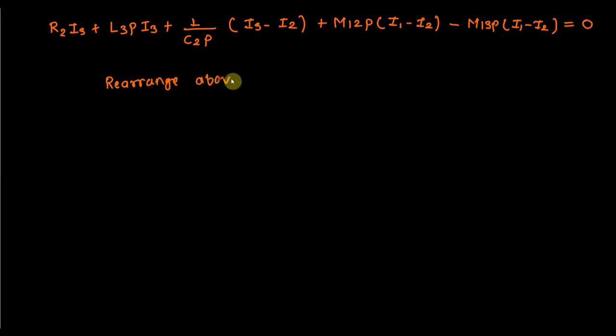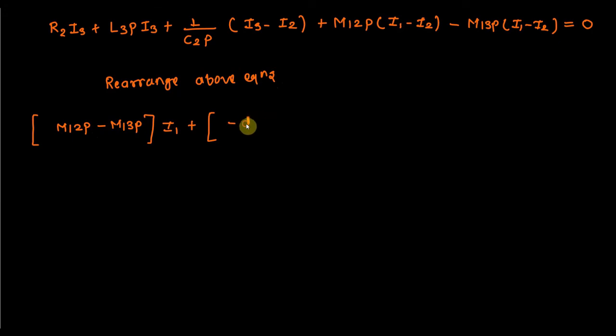Okay. So the last step here is that we will rearrange the above equation, and when we rearrange it we get the final answer. The final answer is like this. So M12P minus M13P, so this is I1. Now consider the I2 terms.